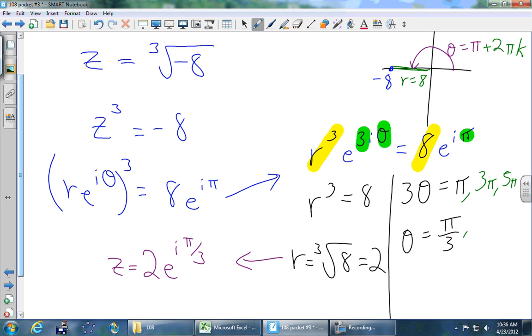So then dividing each of those new angles by the 3 to solve for theta. What's the next angle? That's pi. And the last angle, 5 pi over 3. That's basically 3 equations right there. Divide them all by 3.